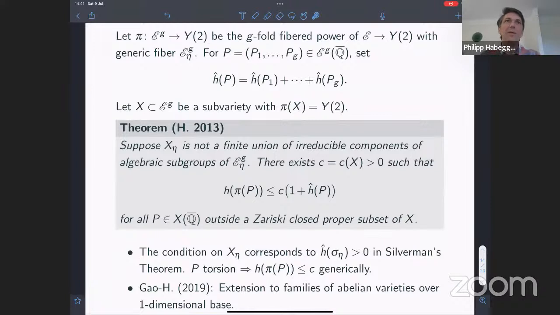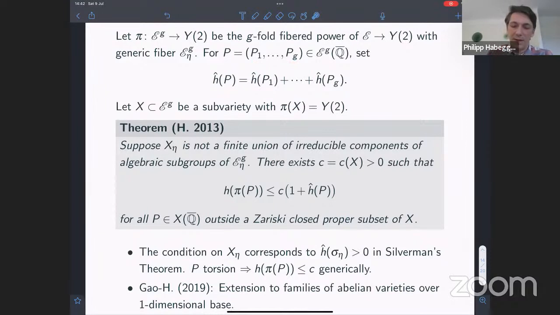So I want to go a bit higher dimensional now, and so instead of looking at the fibered square, I'm looking at a fibered power of the Legendre family of elliptic curves. So E^g is the g-fold fiber power of the Legendre family that we had before. Now a point in this family would correspond to g points, each on the same Legendre elliptic curve.